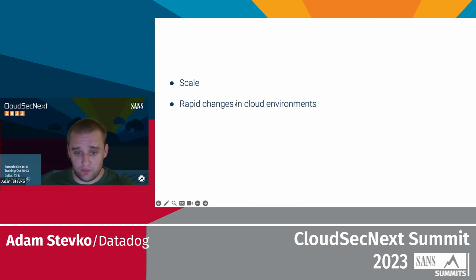Then our engineers at Datadog are releasing new features daily, and this also results in a lot of changes to the underlying cloud infrastructure. If I remember the infrastructure from yesterday, my knowledge of it is already outdated. What is constant in our environment is the change.